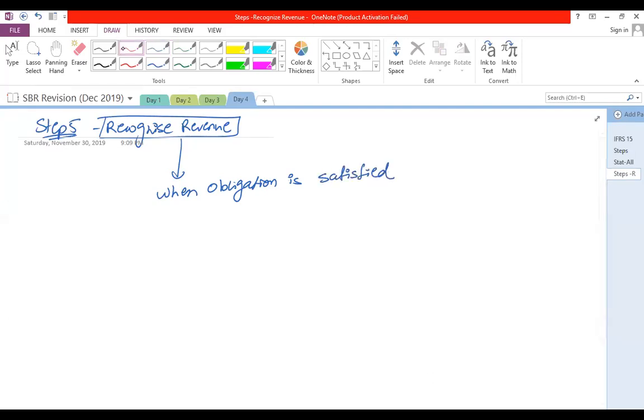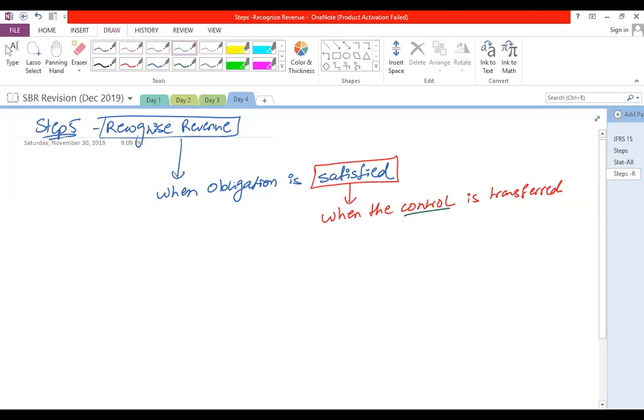Now, when is the obligation satisfied? We say the obligation is satisfied when the control is transferred. So when the control is transferred, the obligation has been satisfied. Now you can recognize the revenue.